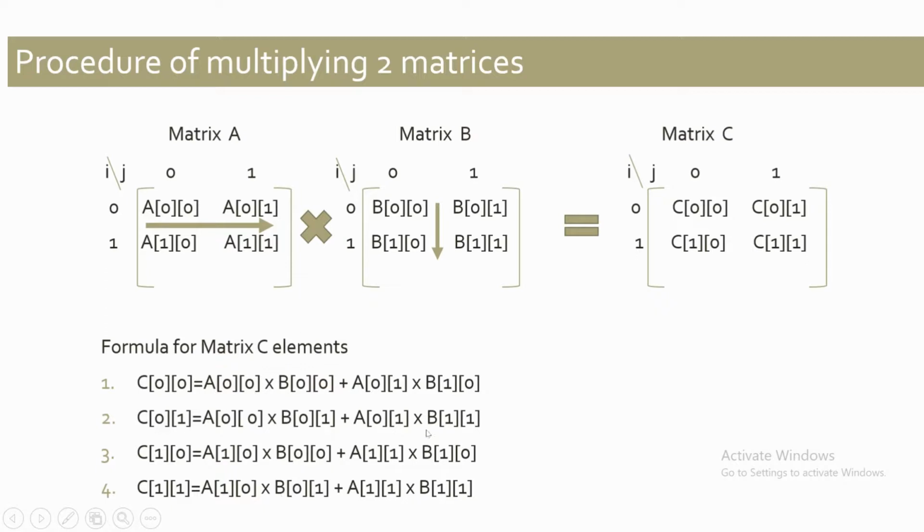Now I have to find a general formula where I can write these numbers as i and j. So I can see my i is going from 0 to 1 and j is also going from 0 to 1. So obviously if i is 0, the j loop is running inside it, for each there is 0 and 1. So that means the j loop is going inside the i loop. Now here I have to see where I can place i and j.